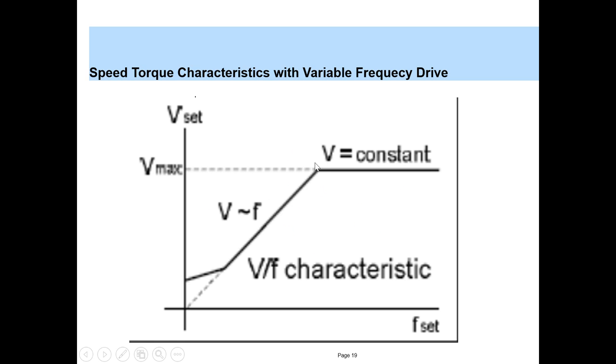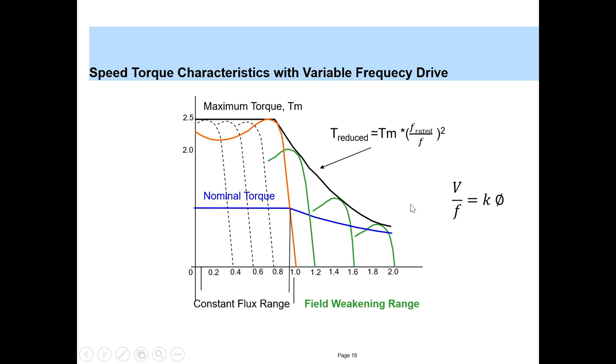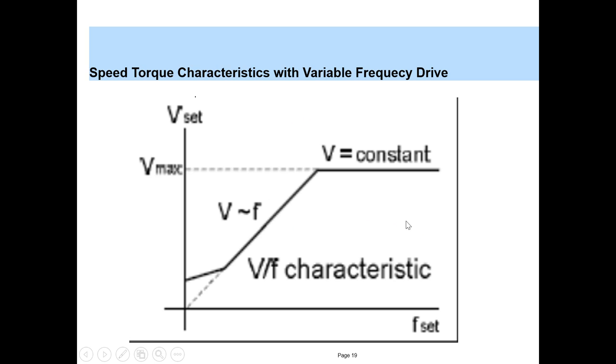So till here, you have the maximum torque, and beyond this you cannot increase the voltage, but you can increase the frequency. So when you increase the frequency, see what happens, the torque reduces, which is the field weakening zone, and gradually the torque reduces, following this line. So ideally this is the dotted line, but this cannot be the case, because initially to start the drive you cannot start with zero voltage.